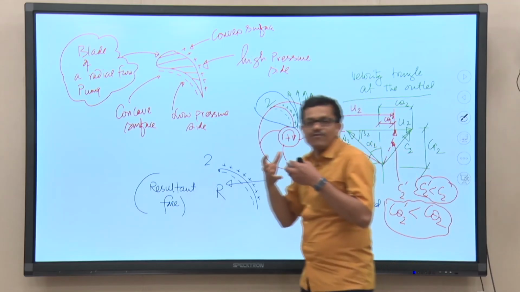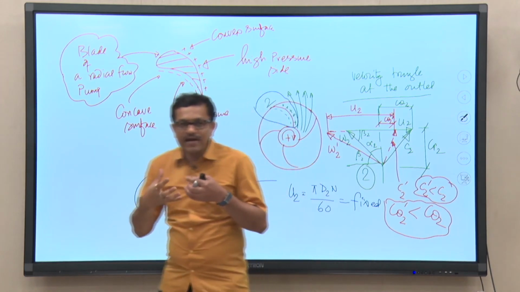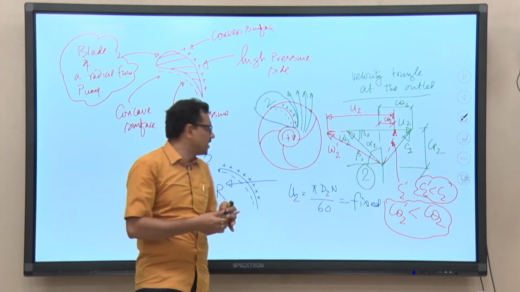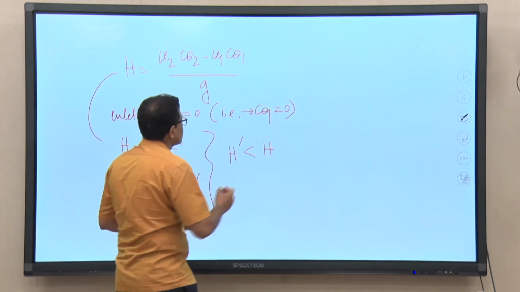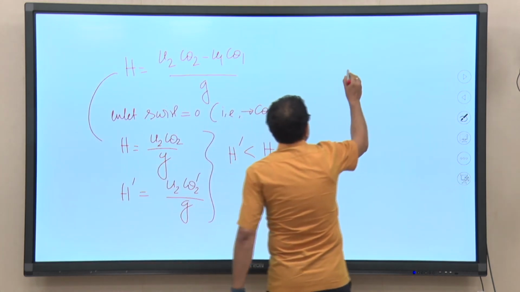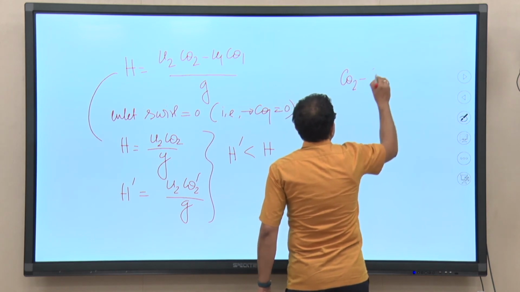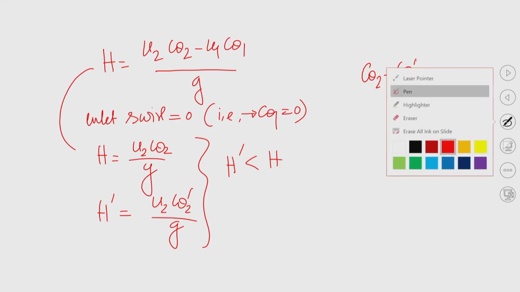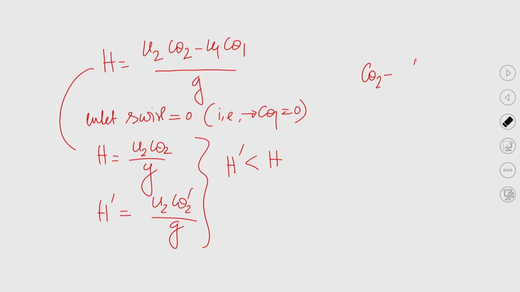So, as if one factor is there, that factor is allowing liquid to slip, by virtue of which we are getting C theta 2 minus C theta 2 prime, and this is nothing but V slip. So, this is called slip velocity.